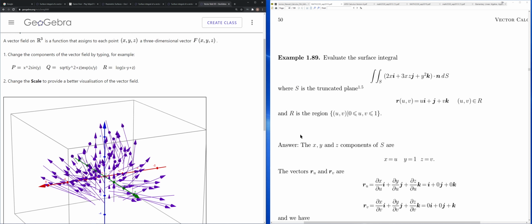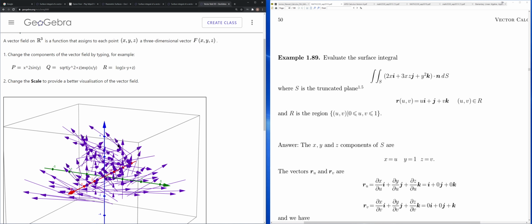What we care about is the vector field as it cuts across the surface S. At each point on S, you're going to have a vector from the vector field F. This is the vector field in the entire three-dimensional space.